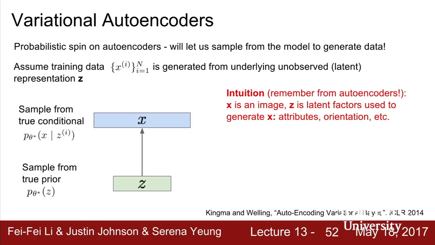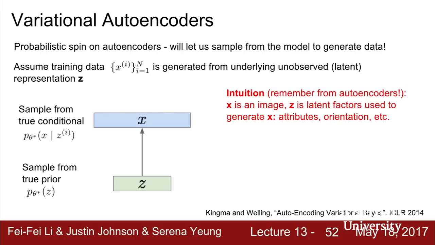Maybe these could be something like different kinds of attributes. Let's say we're trying to generate faces. It could be how much of a smile is on the face. It could be the position of the eyebrows, the hair, the orientation of the head. These are all possible types of latent factors that could be learned.